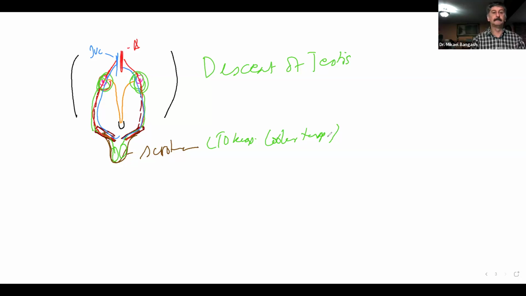Did you guys get that? Right. Why do we need to keep them at a cooler temperature? Mainly because of fertilization issues, or we can mainly say, spermatogenesis is going to be affected if the testes did not descend into the scrotum or were kept at a temperature closer to the body temperature.